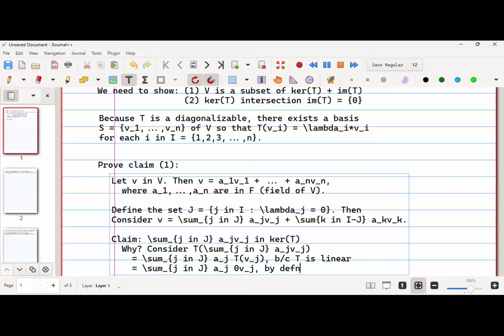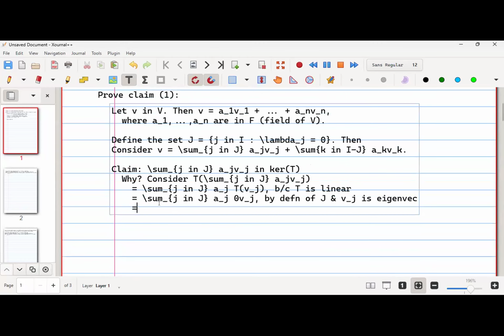Let's just say by definition of J, and v_j is an eigenvector. And then obviously this will just give us the zero vector.